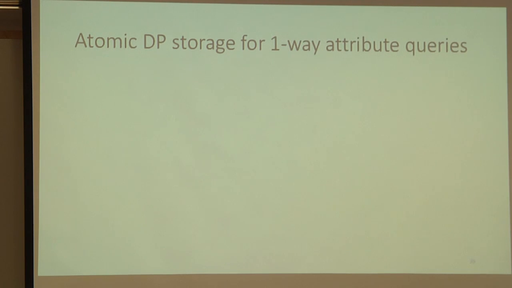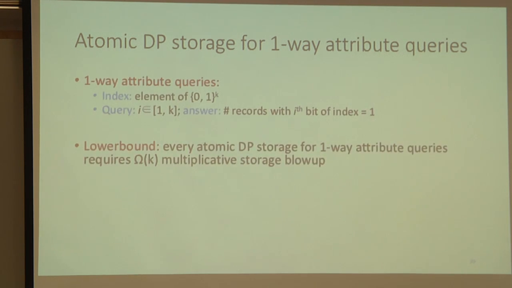Now, can we have atomic differentially private storage for one-way attribute queries? We can, but the problem is that currently it's shown that the lower bound for having that will give us an increase in storage which is multiplied by k, where k is all the attributes in the data set.